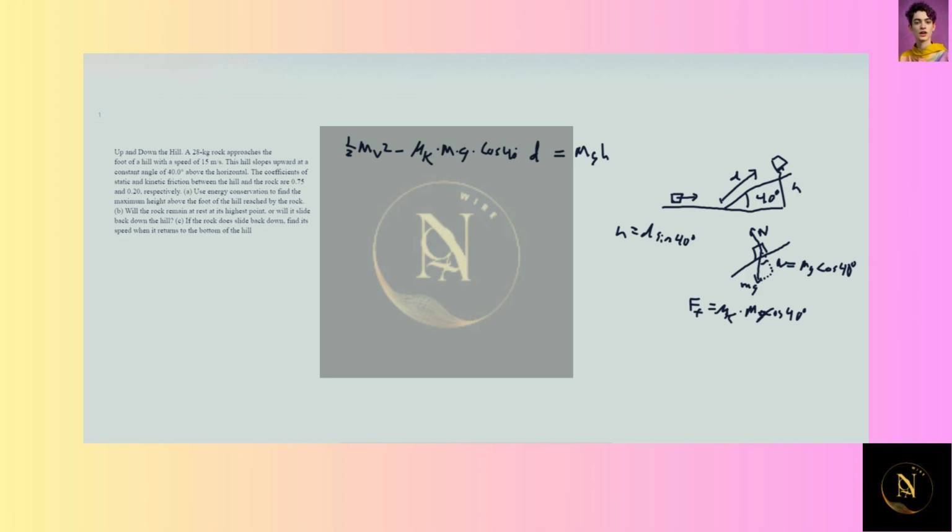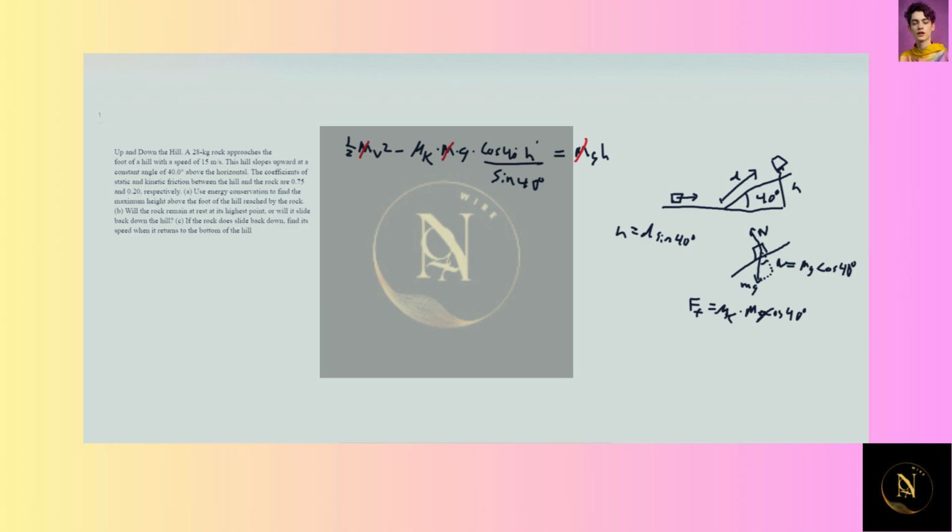So I'm going to plug in h over sine 40 degrees. Then I can do some substitution and simplification. We can get rid of the mass here. This cosine of 40 over sine of 40 is a cotangent, and then you can plug that into your calculator.